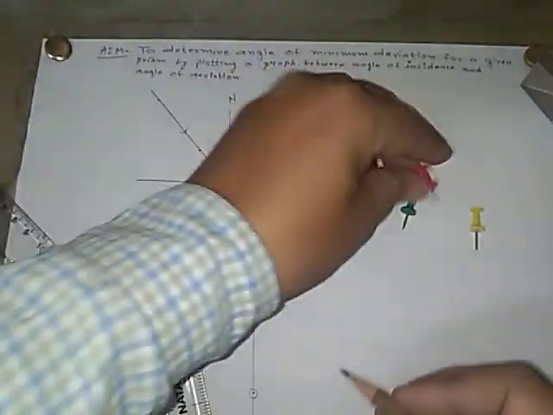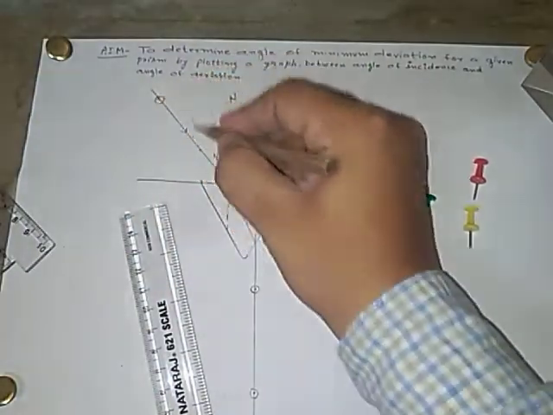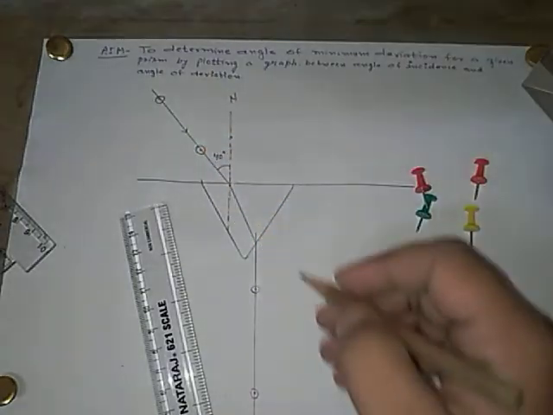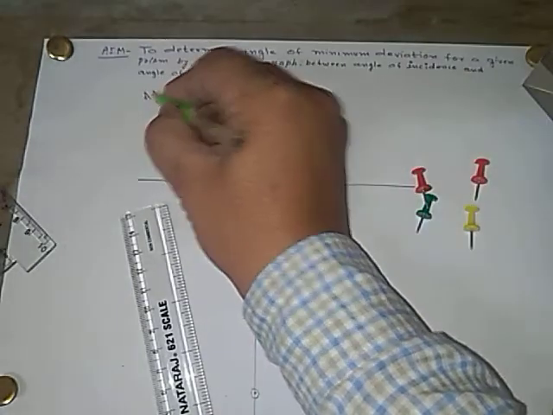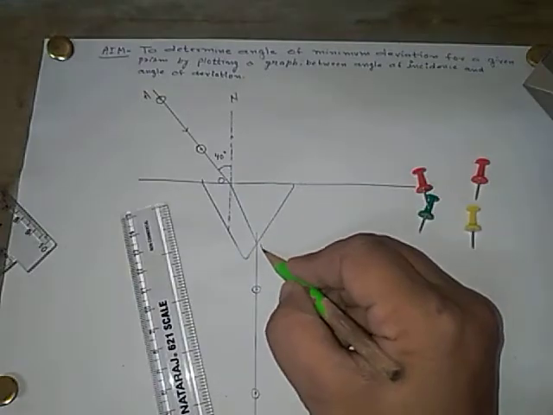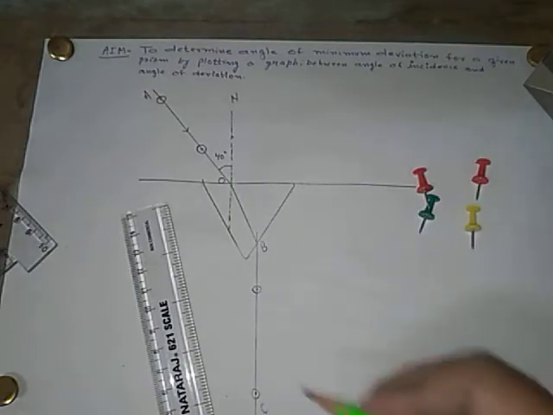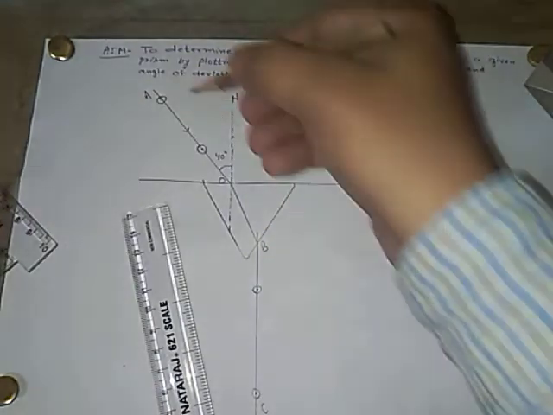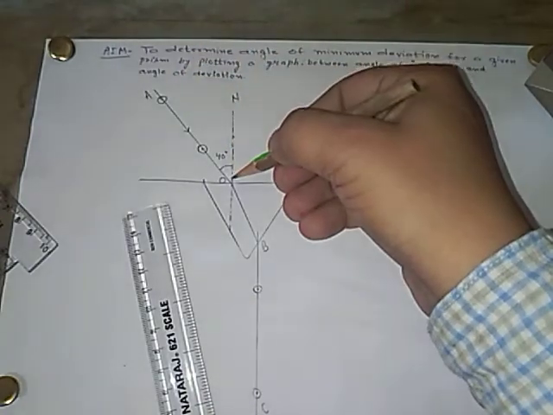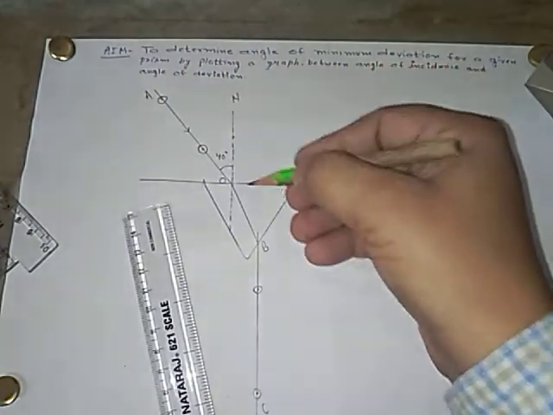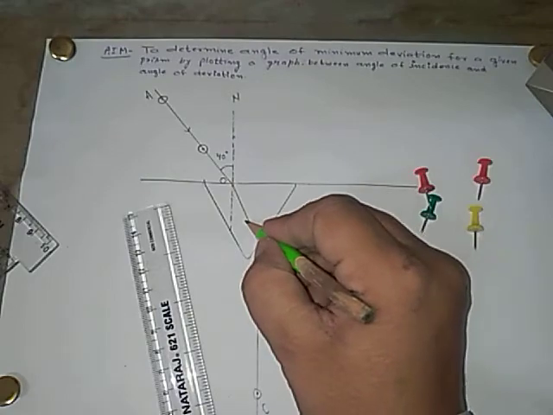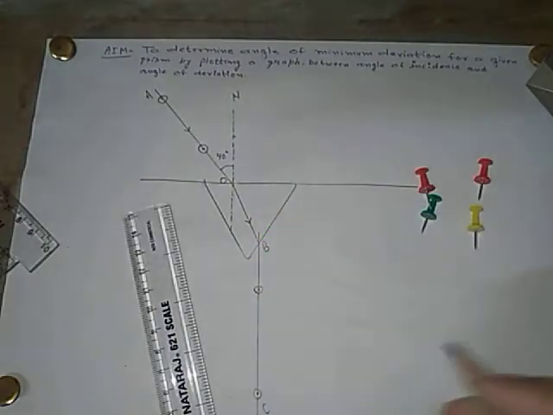Now we got the incident as well as the emergent ray. Suppose this is A, this is O, this is B, this is C. BC is the emergent ray, AO is the incident ray, and OB is the refracted ray.